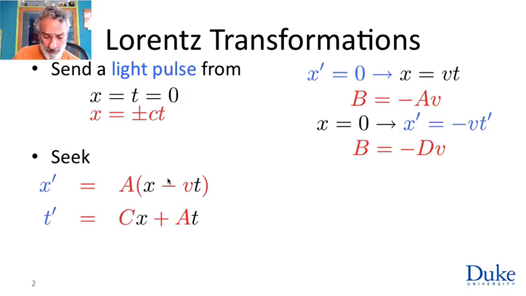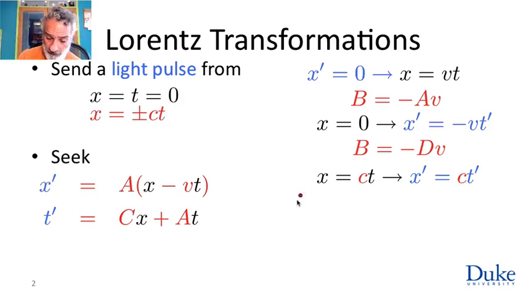What I'm going to find is the following story. I want to insist that the light pulse, which is described by x equal to ct, the world line of something moving with speed c, is also described by x prime equal to ct prime with the same coefficient c. So now I need to plug all that into the current form of my equations.